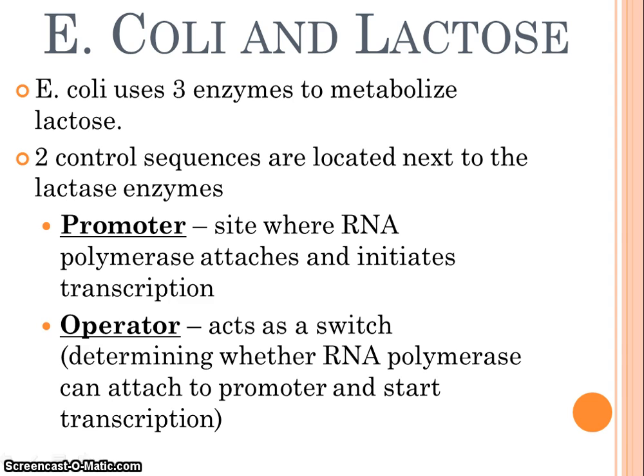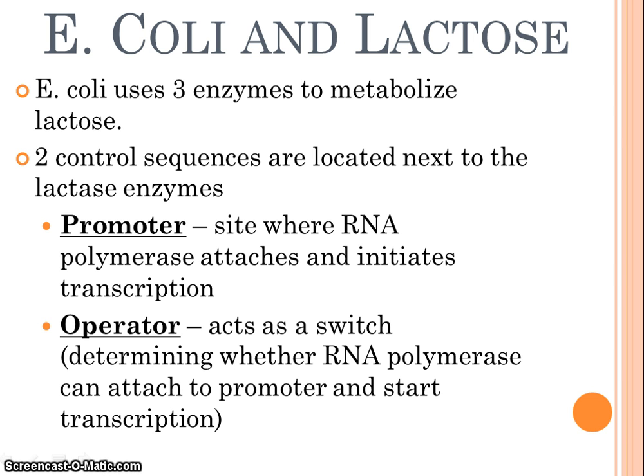There are two control sequences that are located next to the lactase enzymes, okay? So the promoter is the site where RNA polymerase attaches and initiates transcription, where the operator acts as a switch which determines whether RNA polymerase can attach to the promoter and start transcription. So when you ingest lactose, you need to break it down with enzymes, okay, so you can get the energy from it.